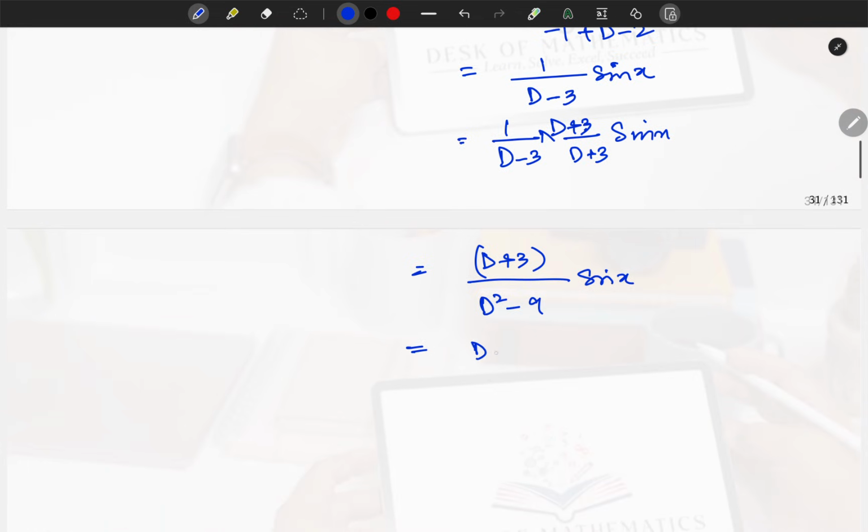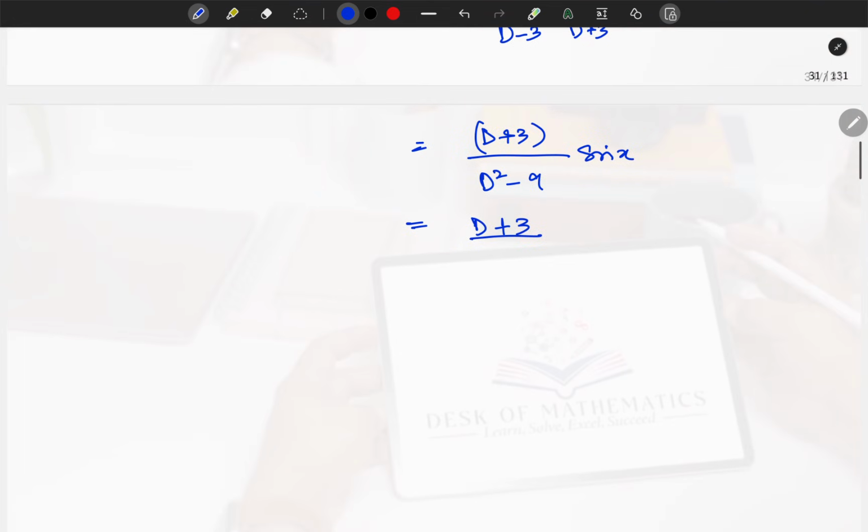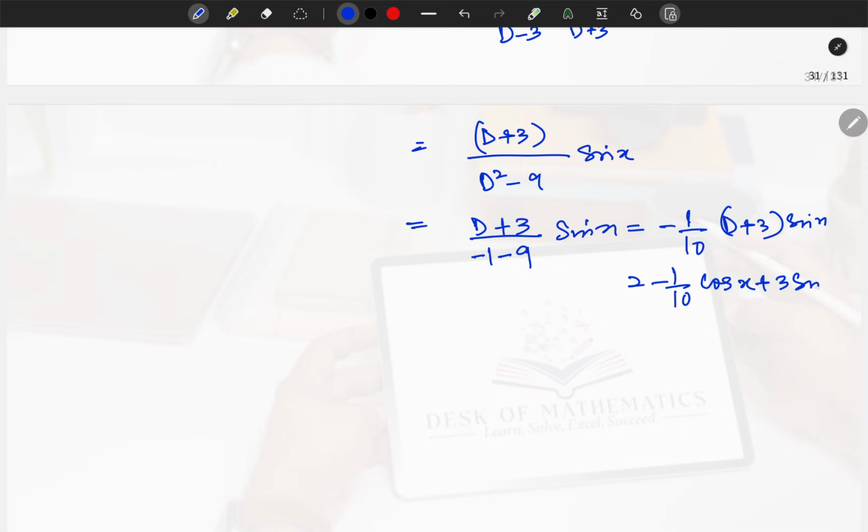So that is D plus 3 over D squared. As I told, for D squared you have the minus 1. So that is minus 1 minus 9 sine of x. So that is minus 1 by 10 D plus 3 of sine of x. Now D of sine, that is differentiation of sine, that is cos of x, plus 3 sine of x is your particular integral.